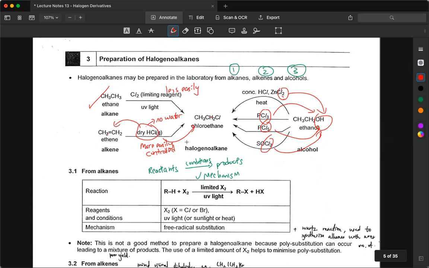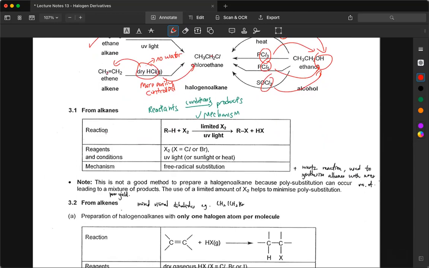Now, halogenoalkanes may be prepared in the lab from either alkenes or alcohols. So this is the general outline of the preparation method. Starting from alkanes, we can use free radical substitution to react alkanes with a suitable halogen, chlorine or bromine, under UV light.